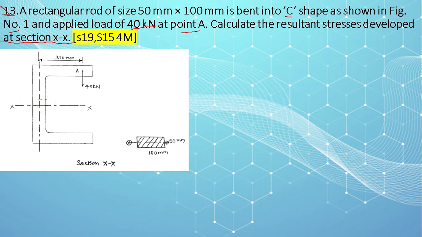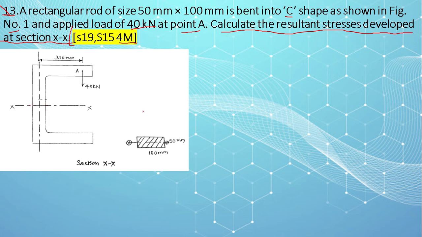This question was asked two times, summer 19 and summer 15, for 4 marks. So in this problem we have to find out maximum and minimum stress at this section.